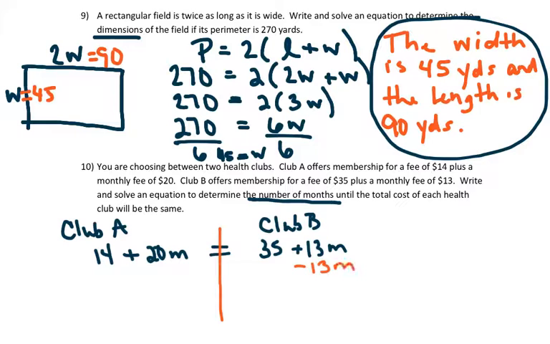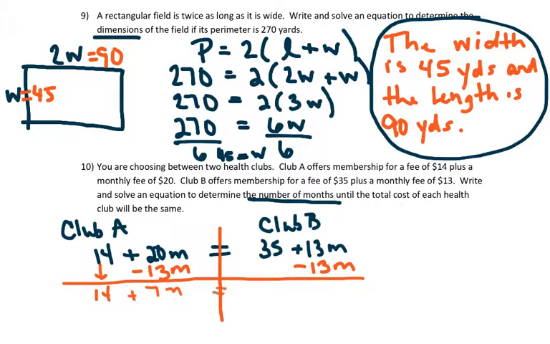So I'm going to take it away from both sides, and keep in mind that I line up my like terms. So this 14 drops down. 20M minus 13M is a positive 7M. The 35 drops down, and 13M minus 13M is 0. So that goes away.